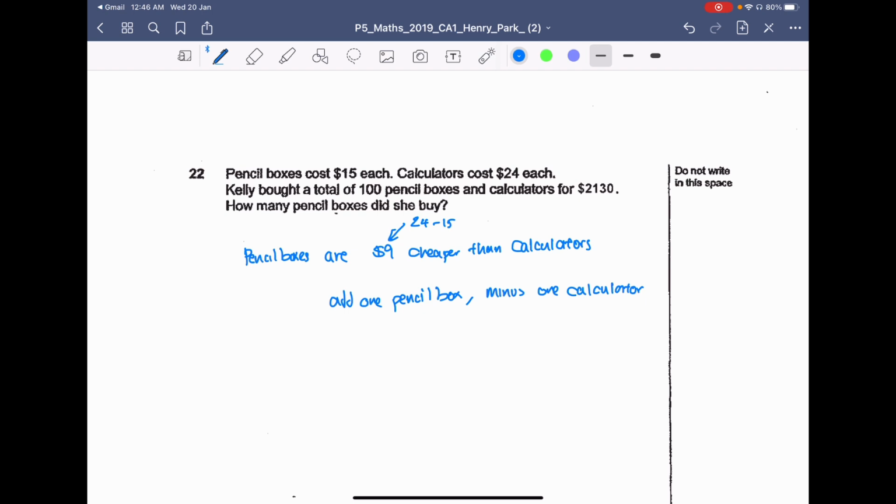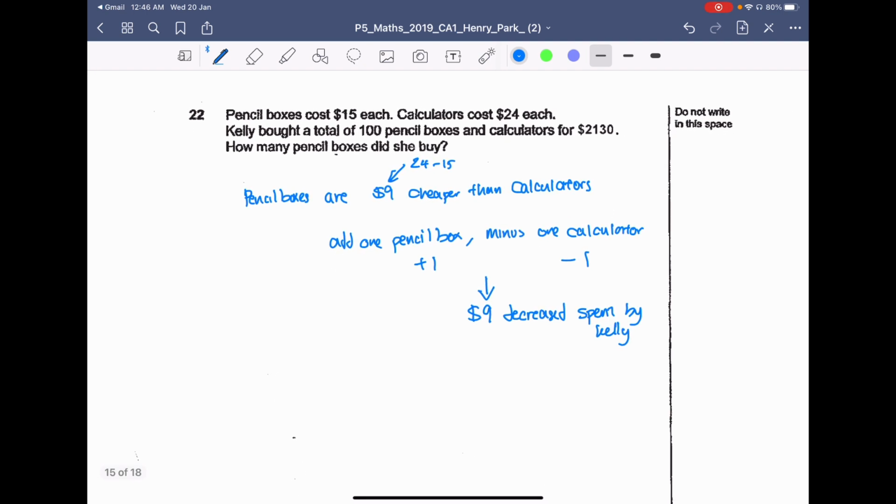And like we said earlier on, pencil boxes are $9 cheaper than calculators. So you plus 1 to pencil boxes and you minus 1 to calculators. This will give you a $9 decrease in the amount spent by Kelly.